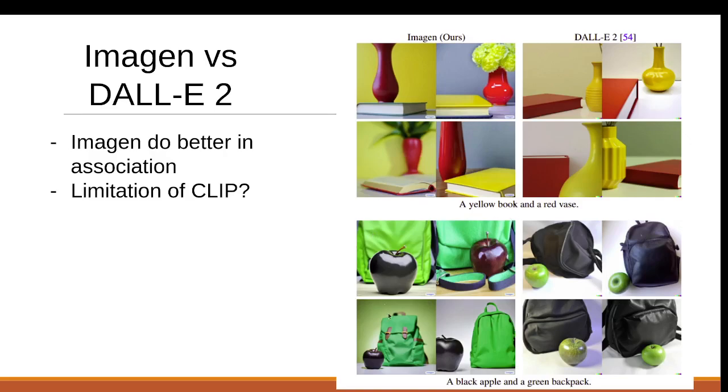If you look at this bottom image, the text prompt is a black apple and a green pear. Well, we know in the real world there is really no black apple. We have green apple and black backpack.